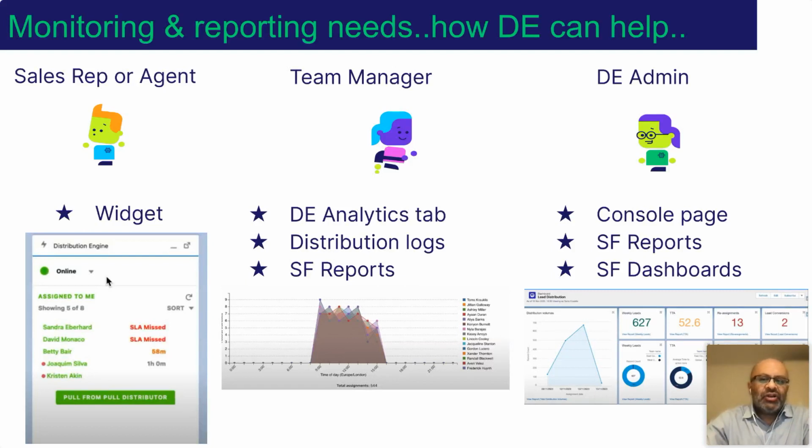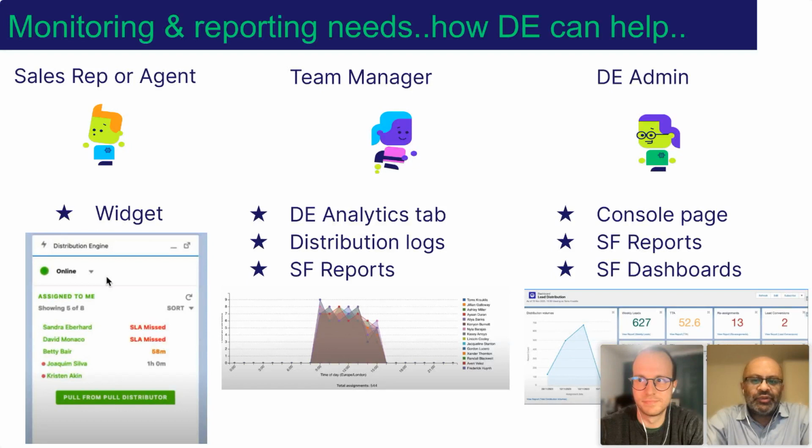We finished off by showing you how DE admins can take a closer look at things from an administrative perspective with access to our console page to track distributions and sources, using reports and dashboards for monitoring trends and KPIs, and also providing the ability to make data-driven decisions, allowing for easier incorporation of insights back into DE configuration.